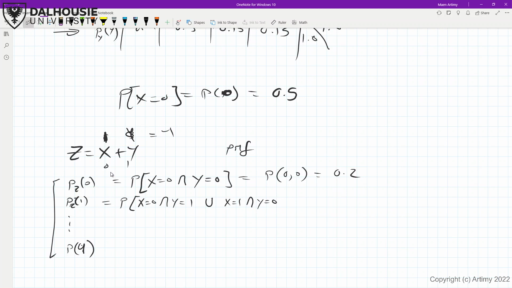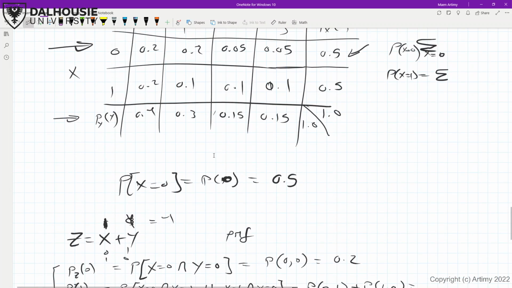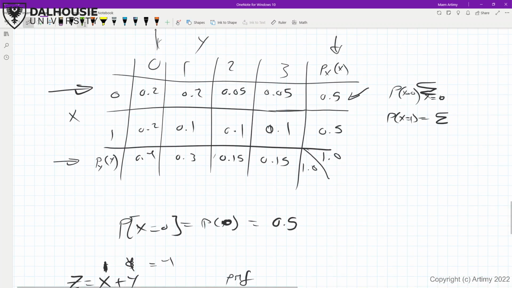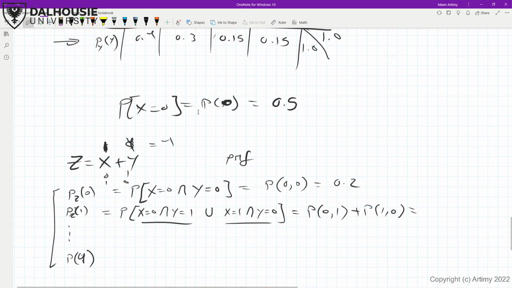So it's either this or this. These two are mutually exclusive, so I can put them as P0,1 plus P1,0. From the table, that will be this and this, so that's 0.4.